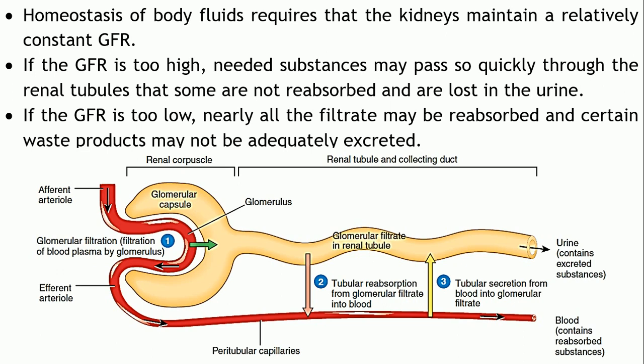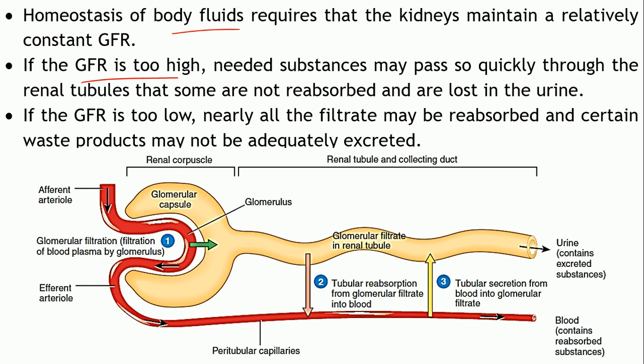So you can say that the kidneys, by carrying out this process of filtration, will help in maintenance of the homeostasis of the body fluids. By maintaining a constant GFR, it is allowing only a specific amount of fluid to get filtered out. Now supposing the GFR is too high, what will happen?